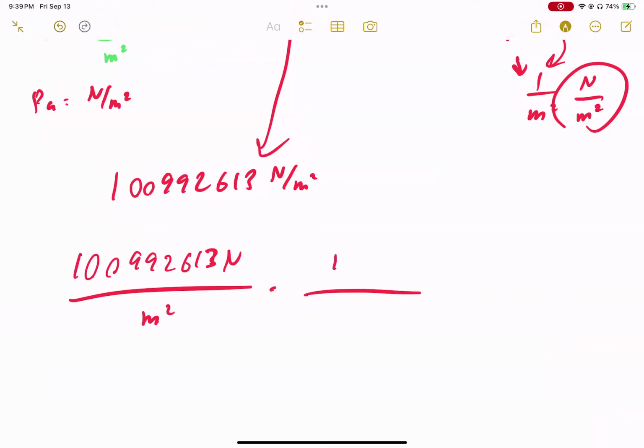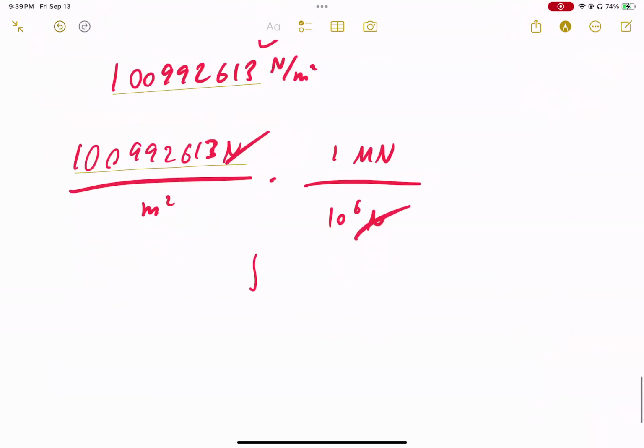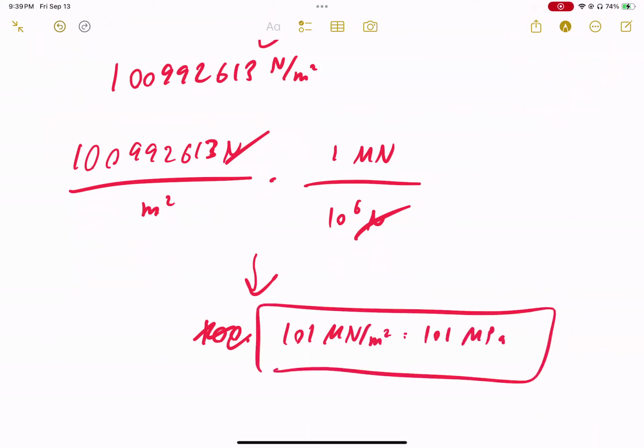So 1 meganewton has 10 to the 6 newtons. So the newtons will cancel out. And once I actually divide, I get 100 point, well, I'll just round it off to 3 sig figs. So 101 meganewtons over meter squared, which is equivalent to 101 megapascals. So that will be my flexural strength.